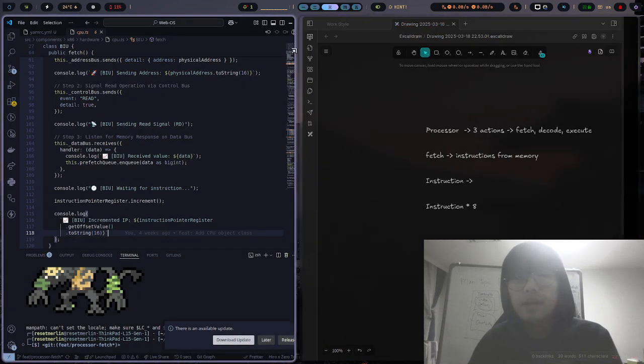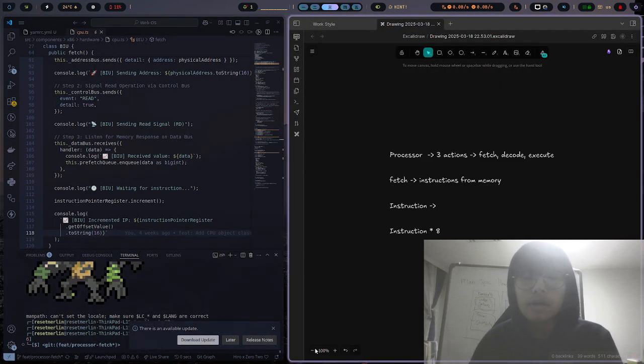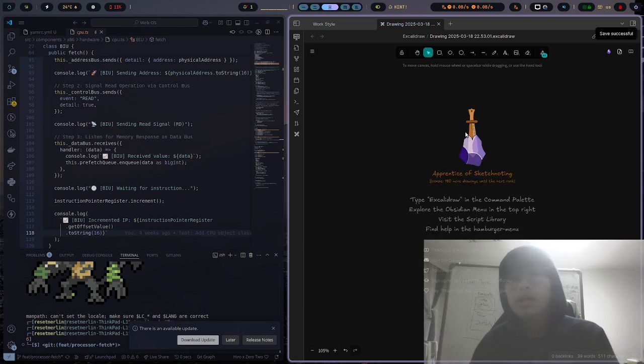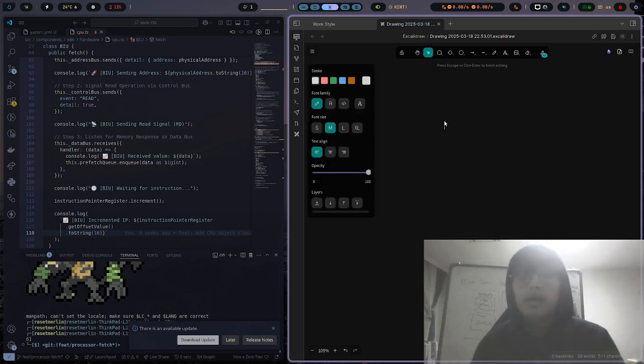And I think the most important part of computer architecture is to just ask why. For example, fetch. What is fetch? Fetch is just getting the instruction from the memory. Why?